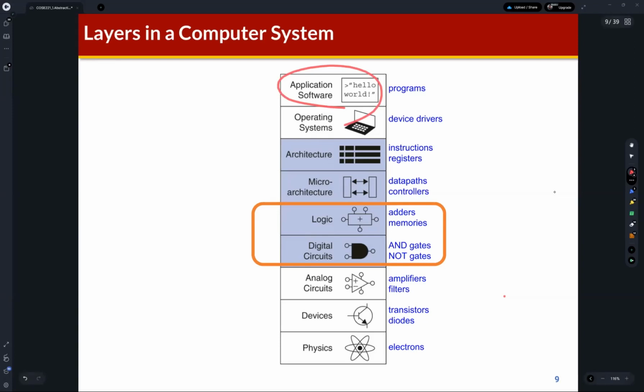Usually, normal customers just see this highest layer of the computer system. But in order to run this application software, such as the web browser, games, and also machine learning applications like ChatGPT, the computer system requires the lower layers.